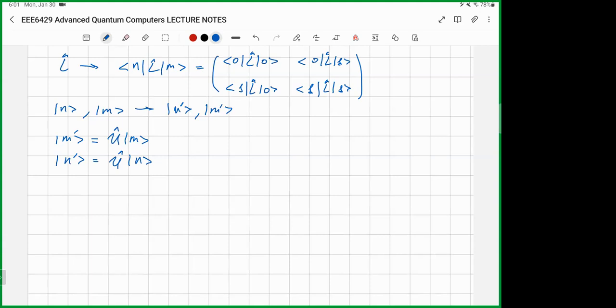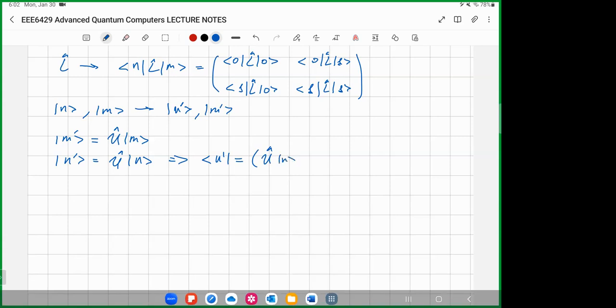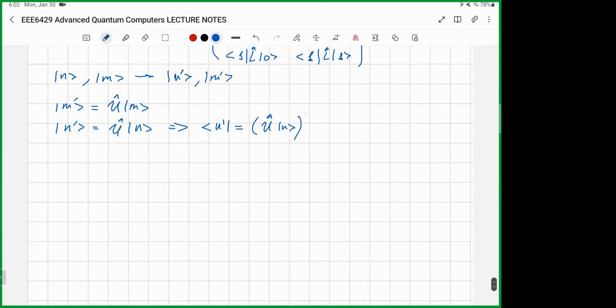Let's say that also, for this vector n prime, the corresponding bra vector is equal to what? It is equal to the operation of U dagger on n, right? So I take the dagger of the matrix and vector, and this gives me the bra vector.